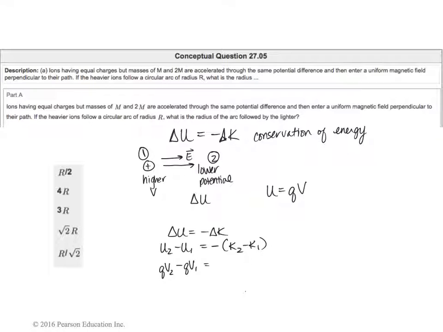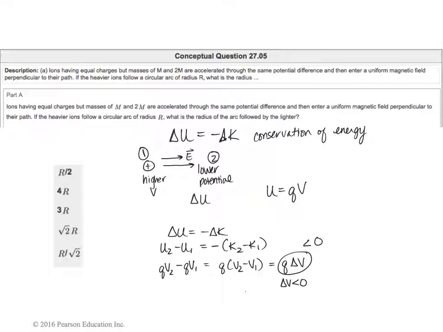We could write this as Q times V2 minus V1, which also could be written as Q delta V. However, because we understand that it started at a higher potential and went to a lower potential, we need to remember that delta V is less than 0. And so this whole quantity is also less than 0.